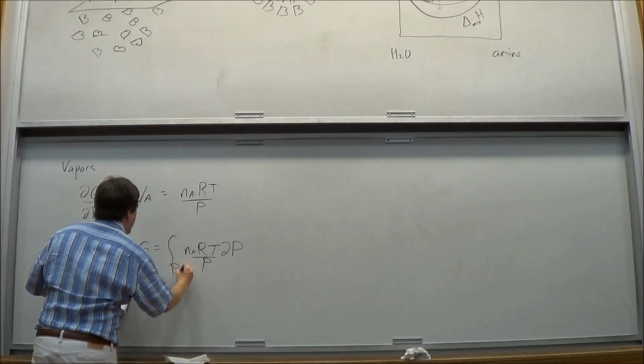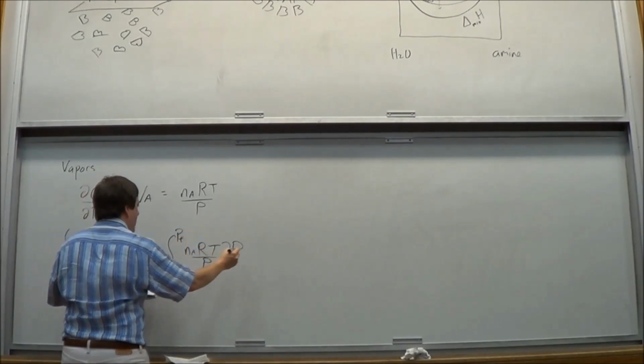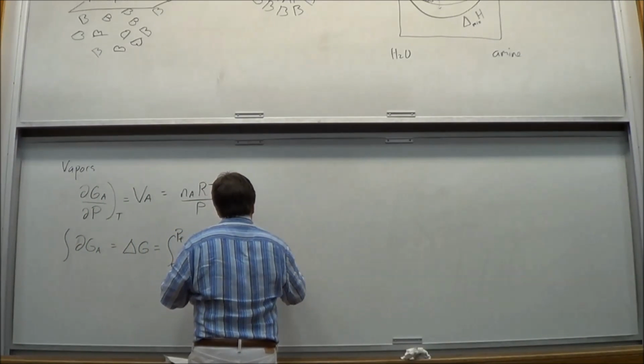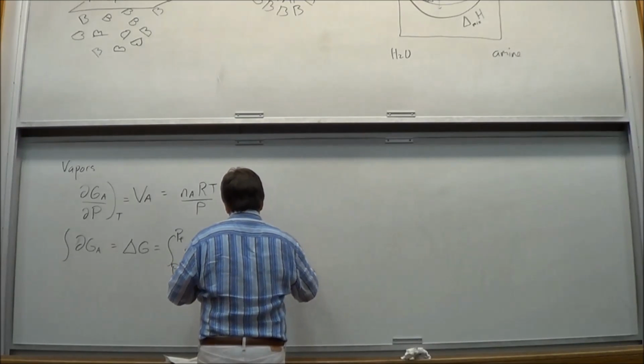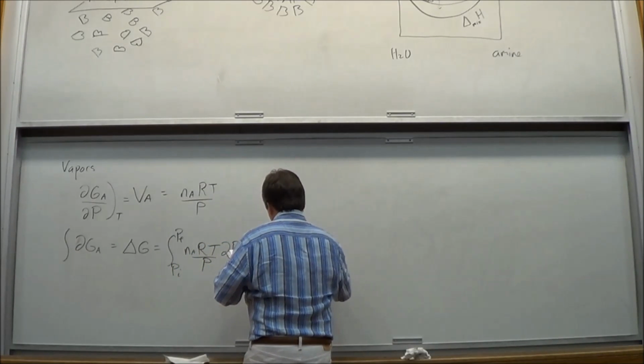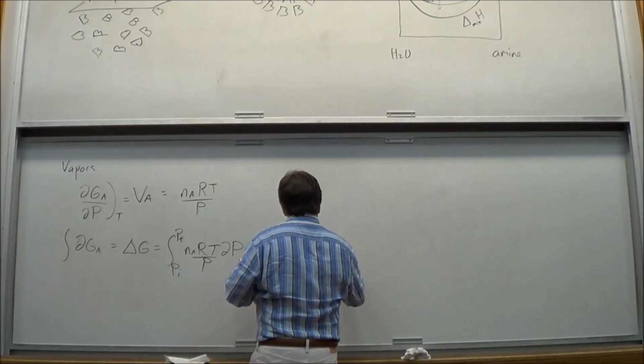And then I'm going to have an initial pressure and a final pressure. And this is nRT, constant temperature world, ln PF over PI.